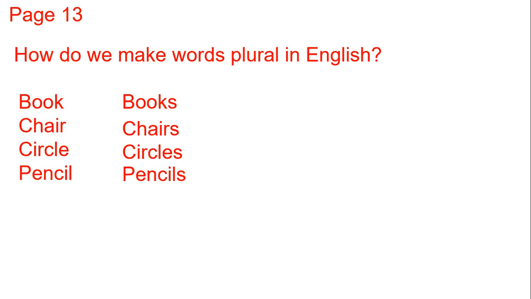There are a few words that have some extras or some differences, some irregularities. We talk about things that are regular and irregular in Spanish as well. The word baby, for example, becomes babies. We change the Y to an I before we add ES. Story, again, change Y to an I before we add ES.